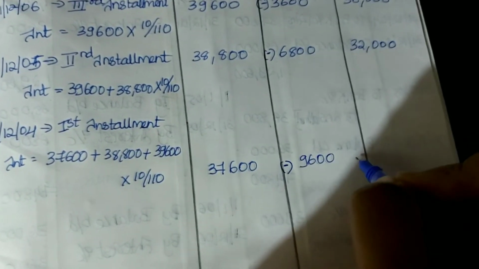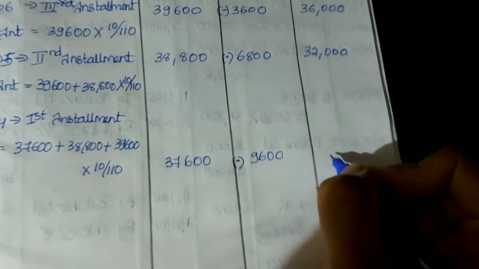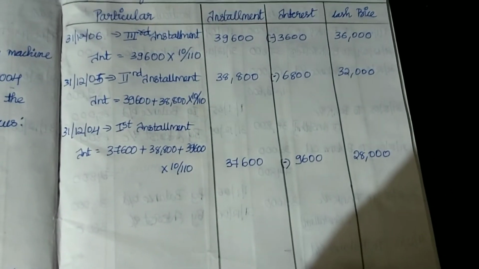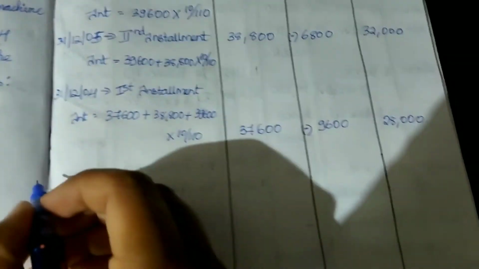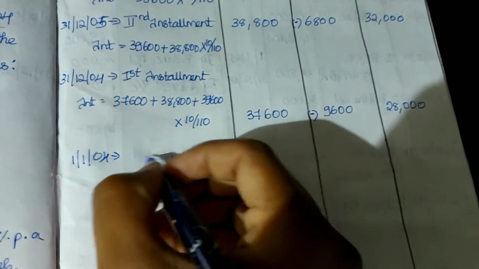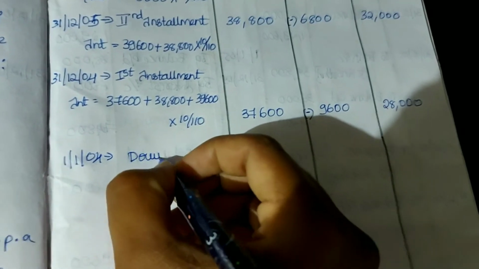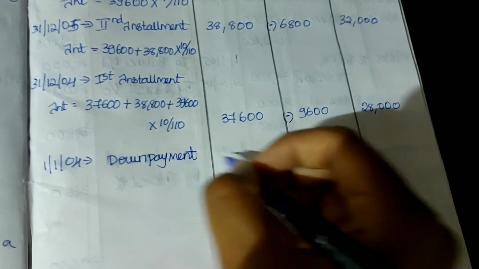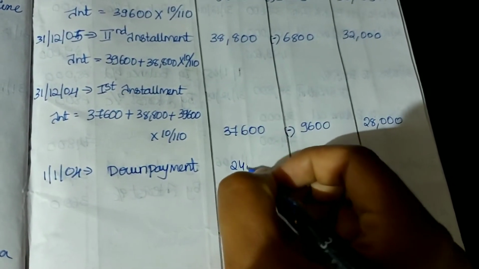Subtract it from 37,600, then you will get 28,000. At last, you should take the down payment that was paid on 1/1/2004, $24,000.